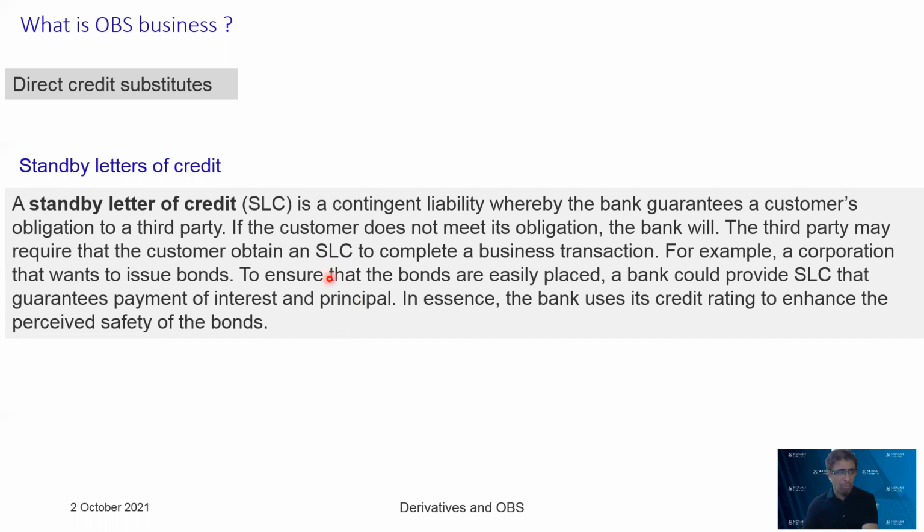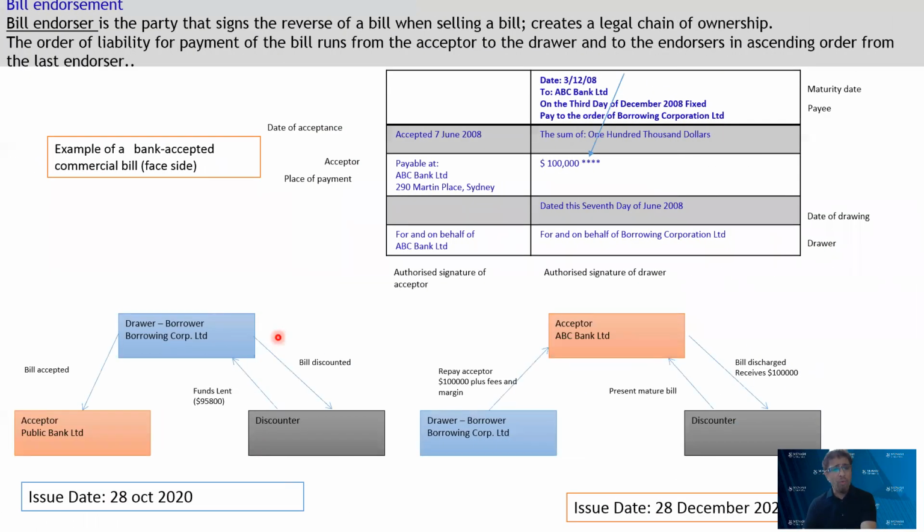So this is what we call the direct credit substitute, just an example. Don't worry about all those graphs, it's an easy issue. And this is a very common type of guarantee that banks do as credit substitutes.